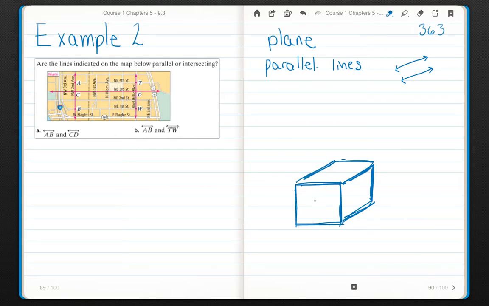Even though here I have three different planes. I have one plane here, another plane here, and a third plane here. These lines are parallel and will never cross. Intersecting lines are lines that do cross at a point.